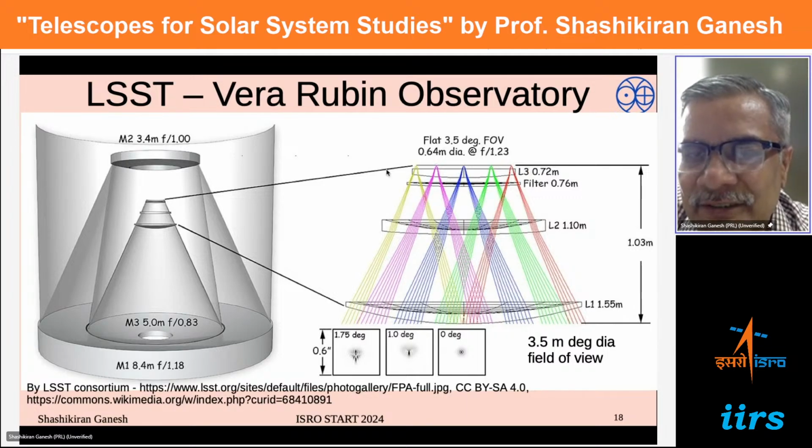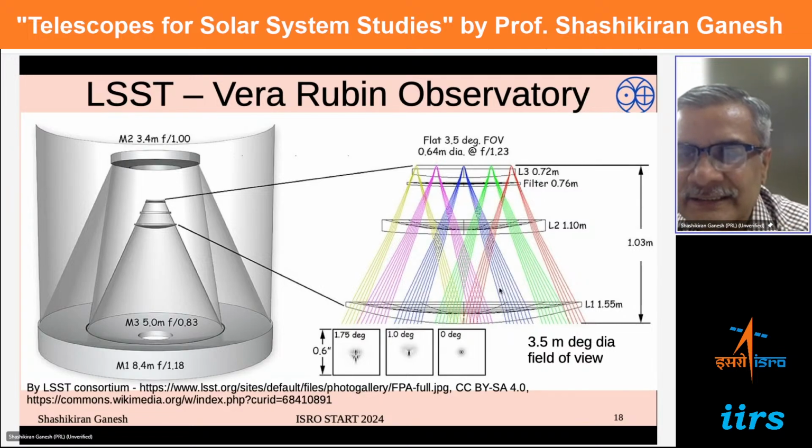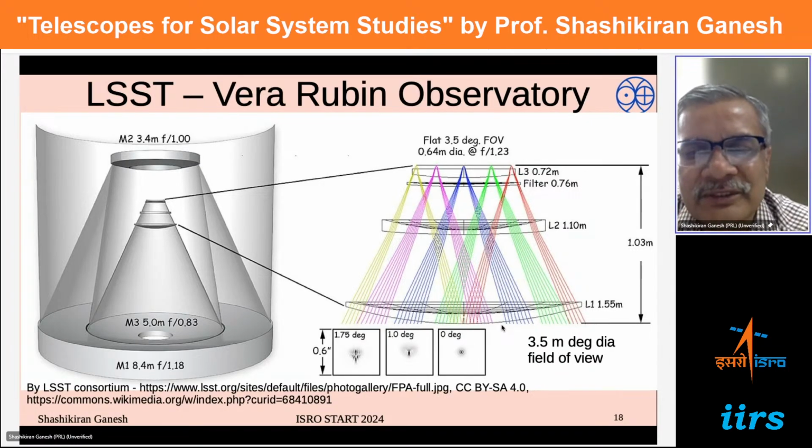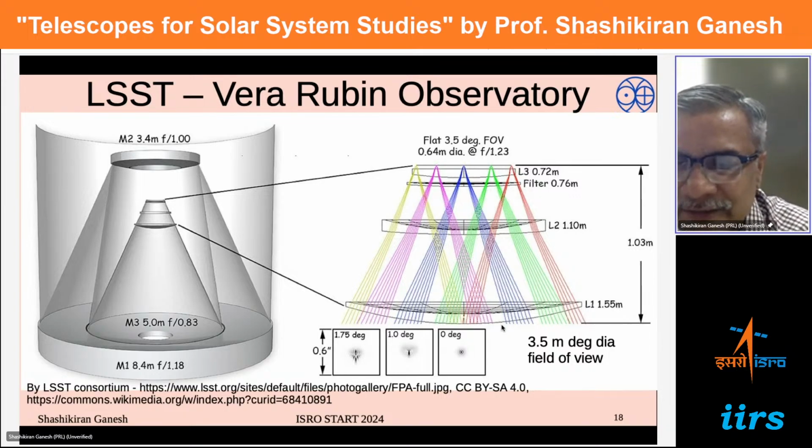The filters in front of it, which decide what wavelength you are observing at, are 76 centimeters across, and that's bigger than some of the other bigger refractors which were made. And then you also have a corrector plate L2 and then an L1. The L1 corrector plate is 1.55 meters, which is almost as tall as a human being. So that's the largest ever lens built for astronomy or for any other purpose on the ground.